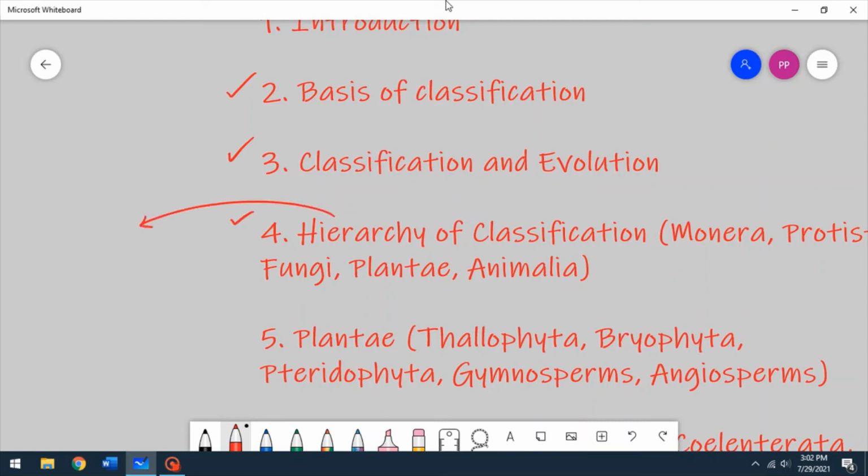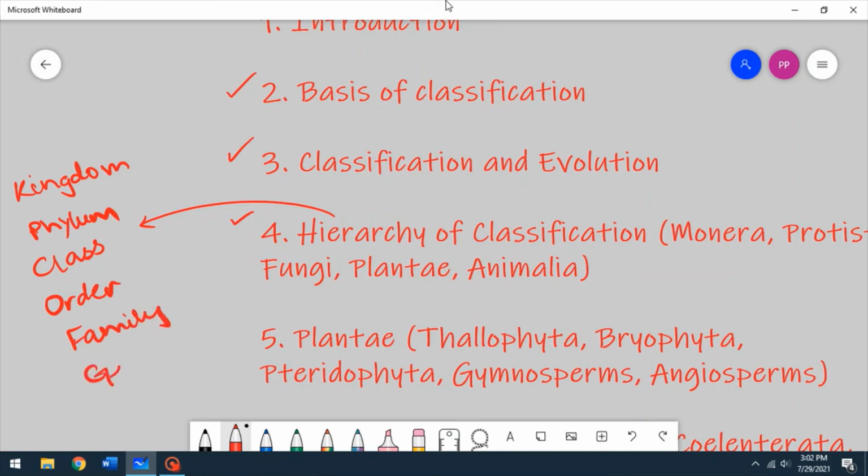It's divided into kingdom, phylum, class, order, family, genus, species. So if you realized, I just wrote it like that.